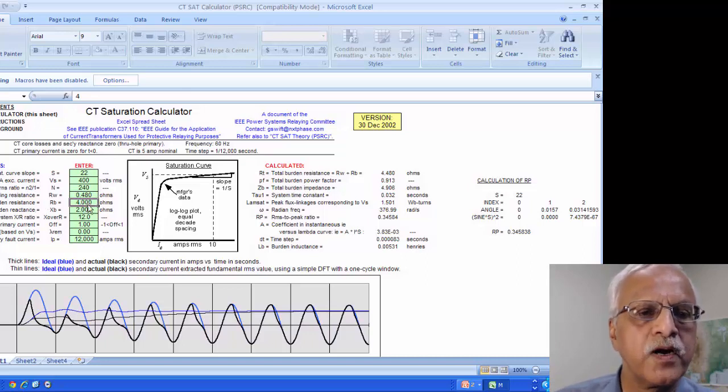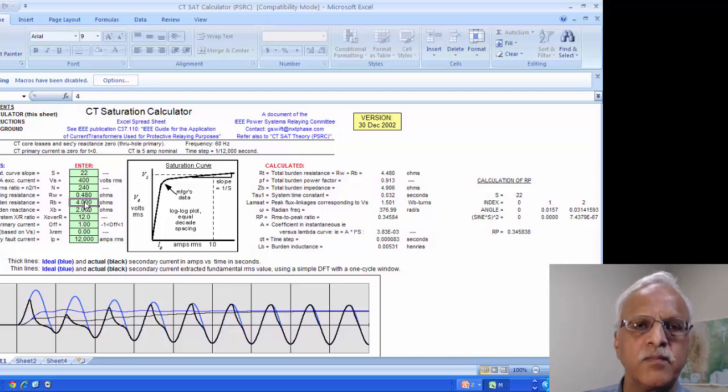Then I have got a burden, which could be just cable resistance, and which I said if you use a 10 gauge wire, it is 1 ohm per 1,000 feet, or 1.2 per 1,000 feet, depending on the temperature of the cable. Then here I have assumed 1,000 feet, or 4 ohms, as the burden here.